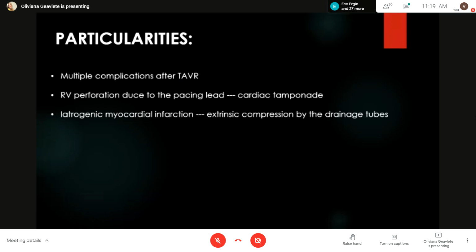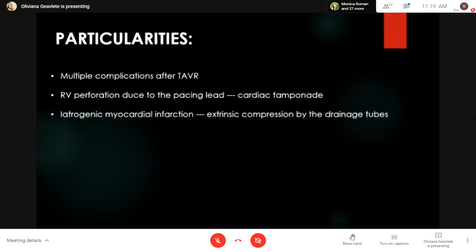I wanted to talk to you about how you approach a patient with a valvular disease, and what you are looking for in order to decide if you go for the surgery or for the interventional approach, and just to make sure you are reading the aortic stenosis for your final exam, because you will have plenty of questions from this area. So multiple complications can appear after TAVI.